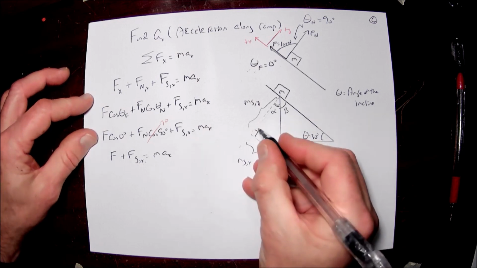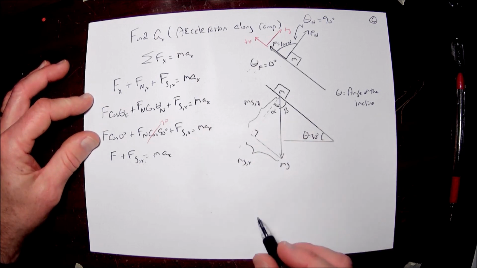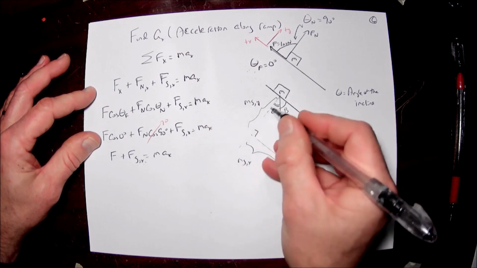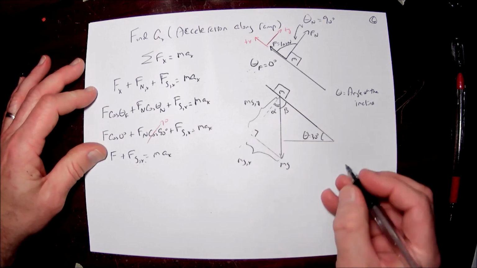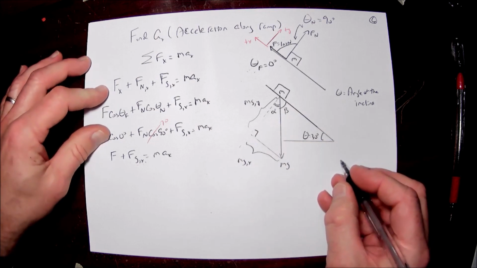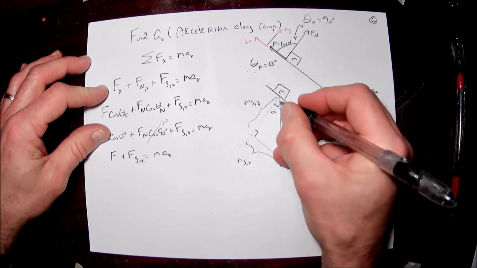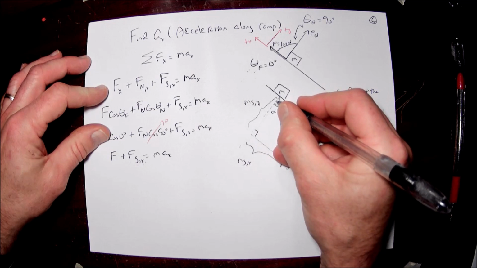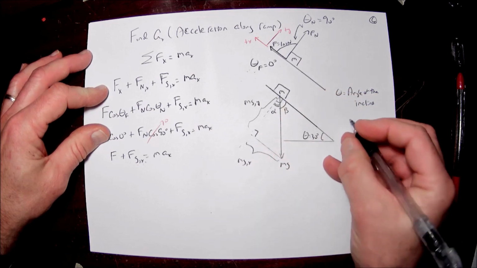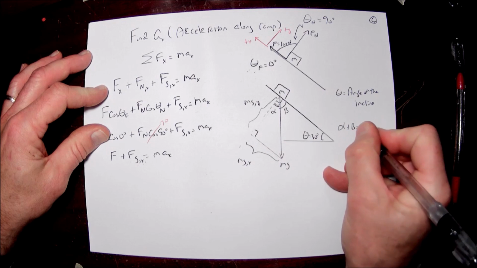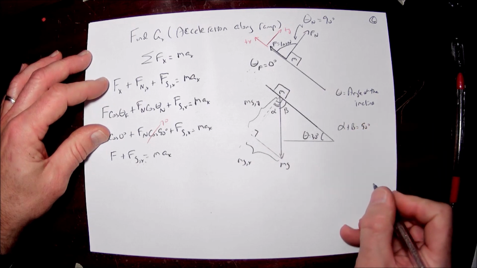And this is a 90-degree triangle, which it has to be because this is the y and this is the x side. What do we know? Since this is 90, this also is going to be 90 up here. So we know alpha plus beta equals 90 degrees.